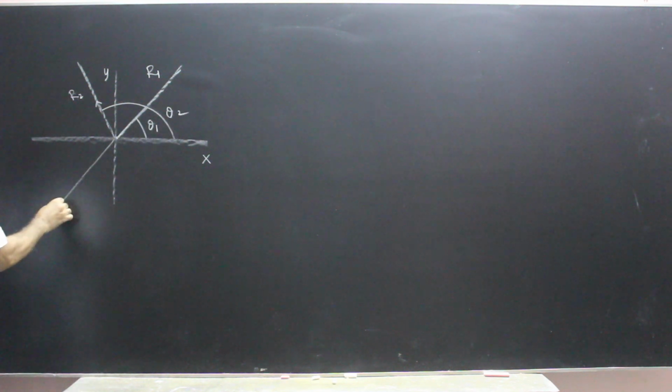This is x-axis, this is y-axis, this is vector r1 making an angle theta1 with x-axis. Vector r2 makes an angle theta2 with x-axis.